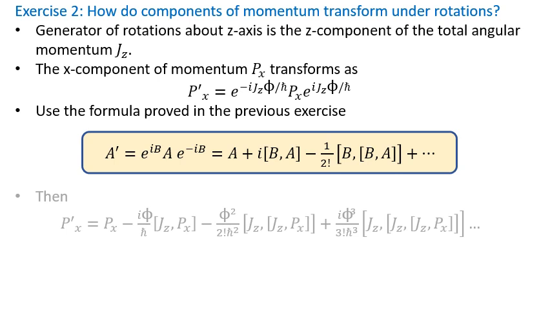Here the formula proved in the last exercise comes in handy. So replacing operator A in this formula with px and B with Jz times the rotation angle phi divided by h bar, we get the infinite series of commutators.